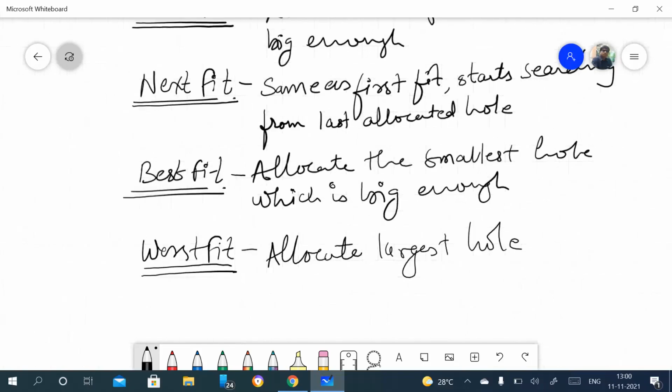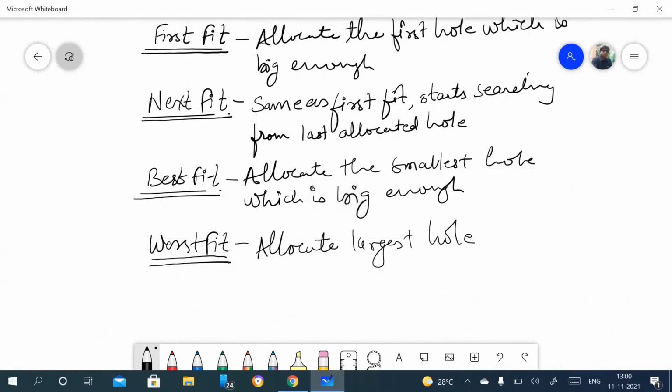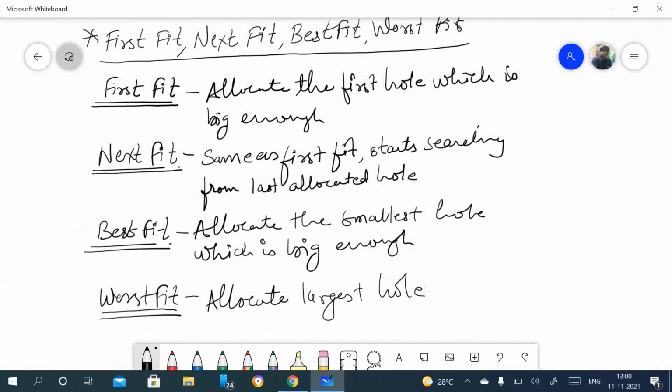From these definitions we can understand the meaning of each and the scenario.